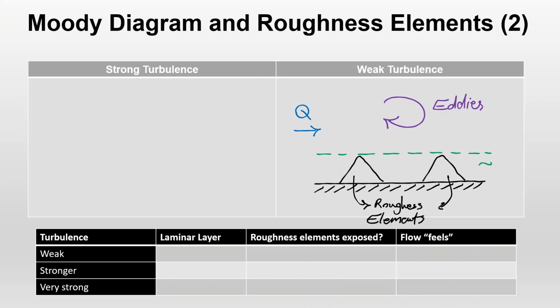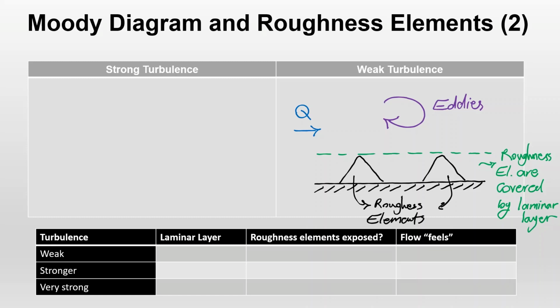So roughness elements are covered by laminar layer. Perfect. So the eddies do not penetrate, or the roughness elements do not feel the impacts of eddies on them. Okay. This makes you feel that the flow is smoother when it's flowing in the pipe.